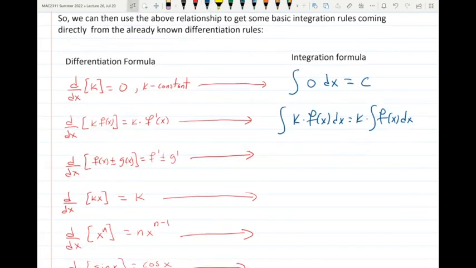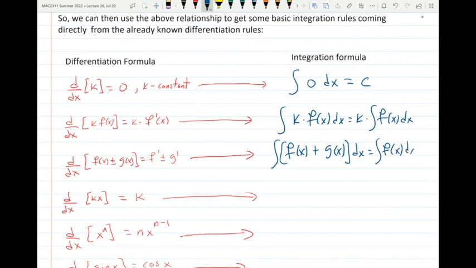Okay, so here this means the derivative of the sum is the sum of the derivatives, same thing with the difference. The same idea we have for integrals. So the integral of a sum is the sum of the integrals.